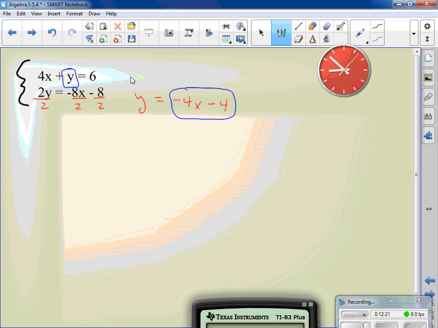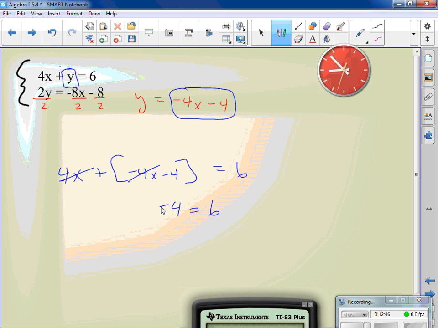When I replace this, 4x plus -4x minus 4 equals 6. All I did was put it in brackets so you understood that was y. What's 4x minus 4x? 0. I'm left with -4 equals 6.